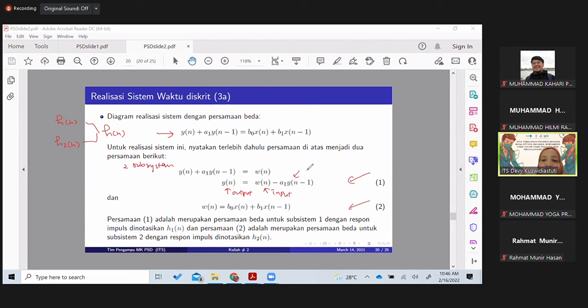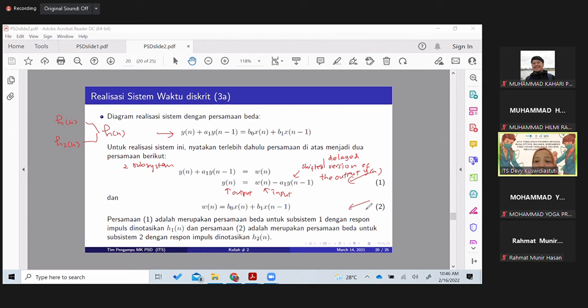This is also an input, but it is actually the shifted version, or we could say the delayed version, of the output yn.